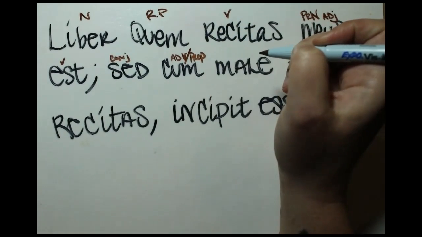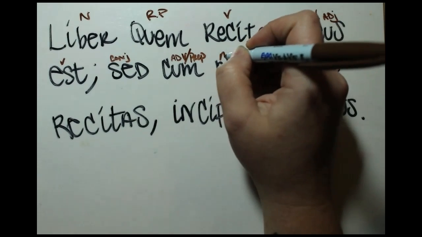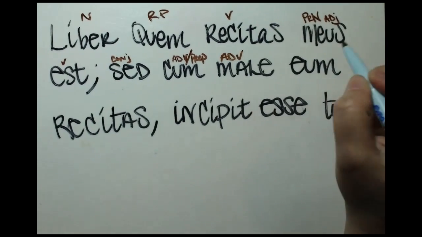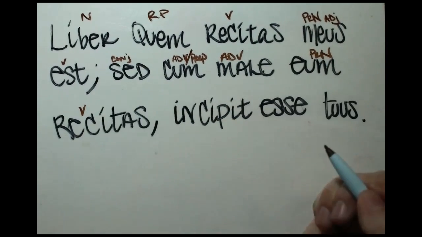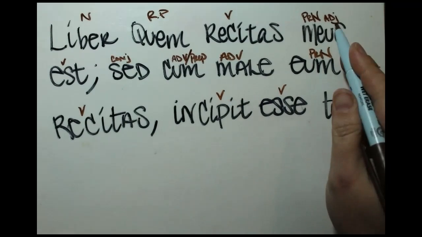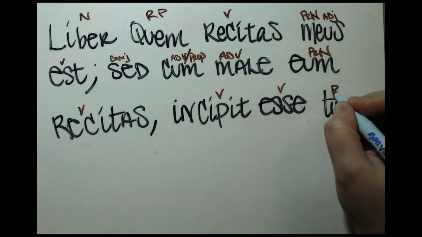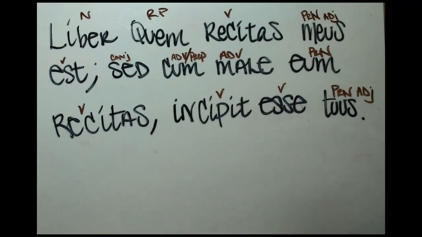It can even be thought of as a little bit of a conjunction. So male here is acting as an adverb. Eum, this is a pronoun. Recitas, that's that same verb again. Incipit, another verb. Esse, another verb. And tus, same thing as meus up here. It's a pronoun, also an adjective. It's a possessive pronoun.